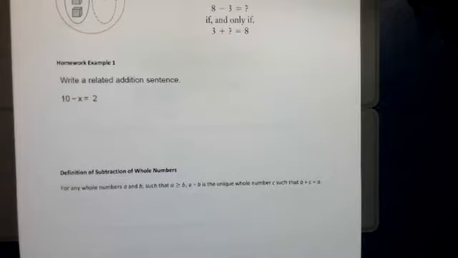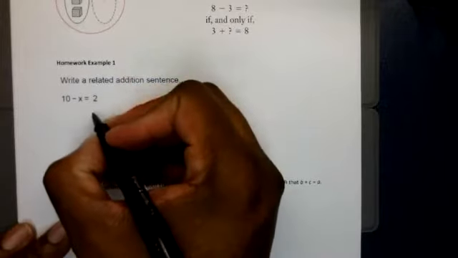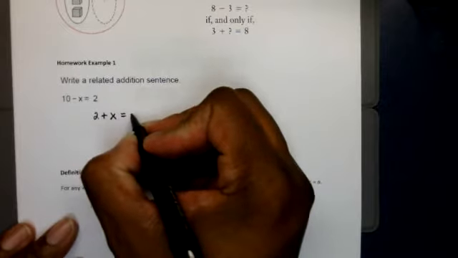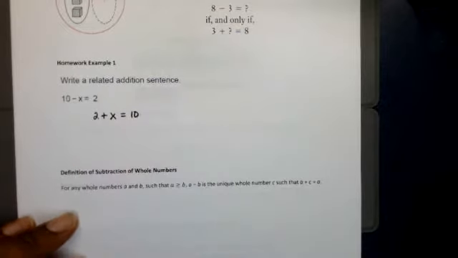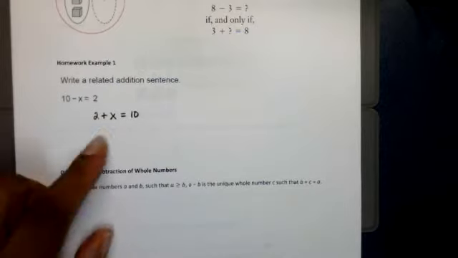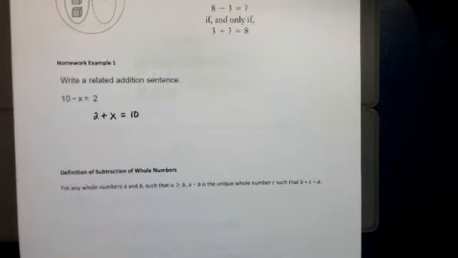So here we need to find what x is so that 2 plus the number we're looking for, that's x, equals 10. So this is a related addition sentence for 10 minus x is equal to 2.